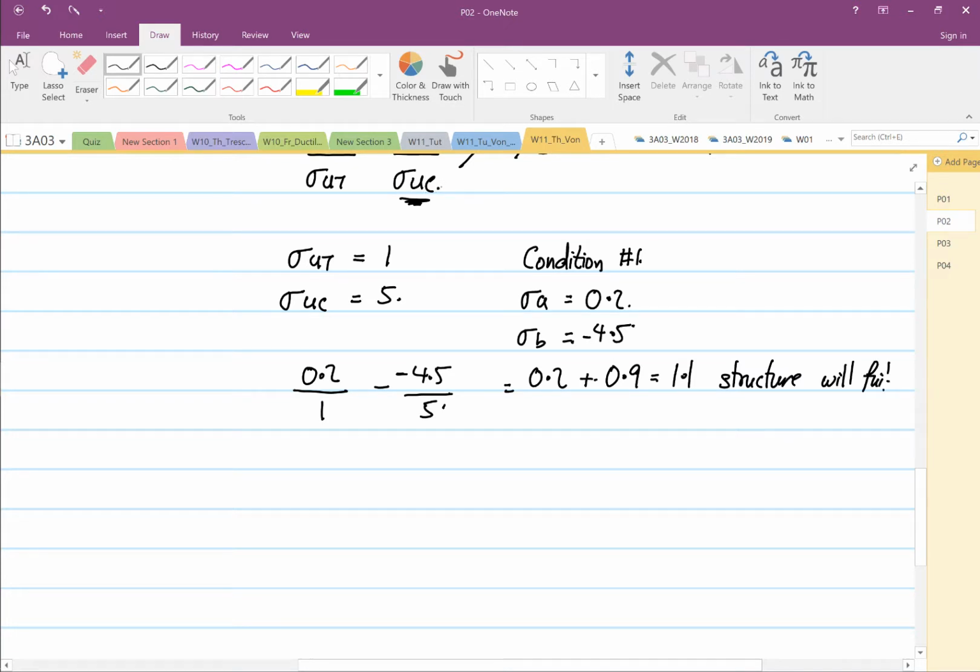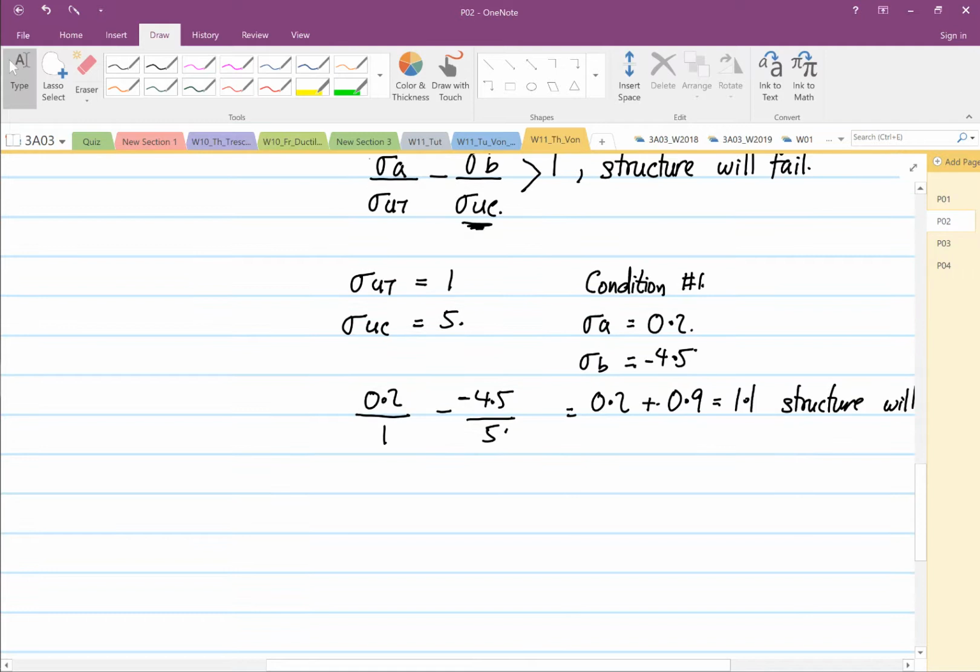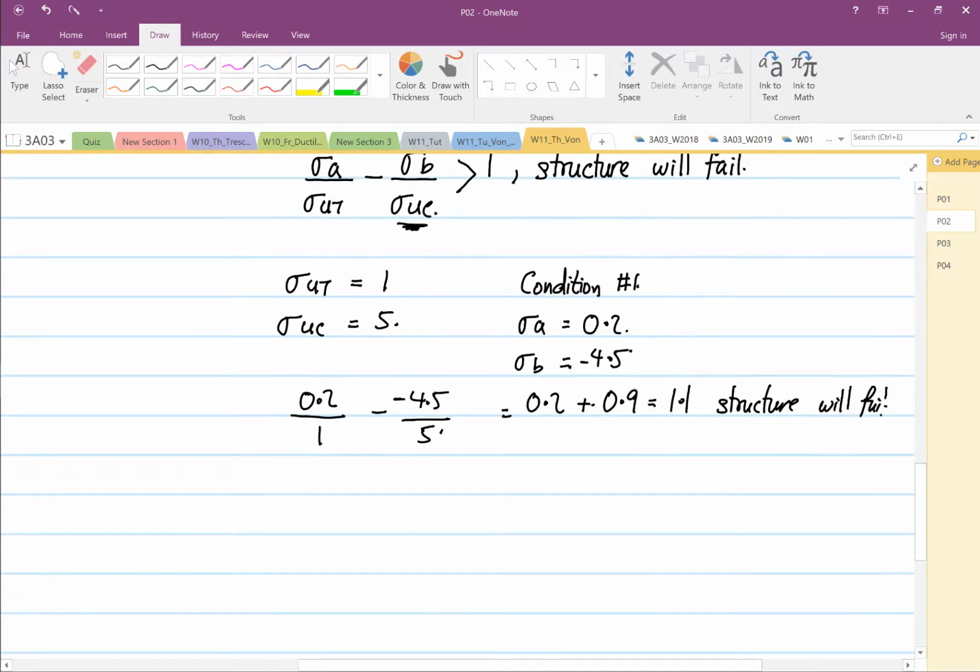Okay, so let's go a bit conservative. Let's push this back to condition number 2. Stress A is 0.2. Now we reduce stress B to make it 3 and see what happens.